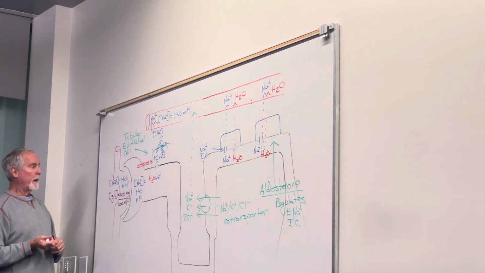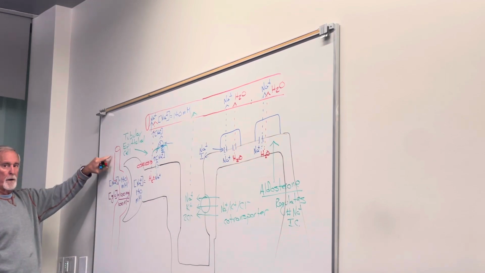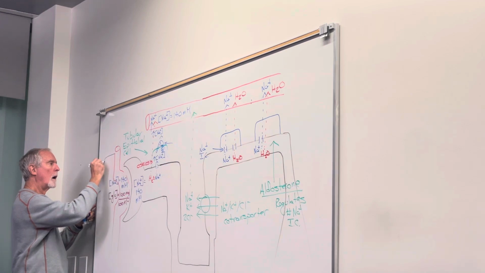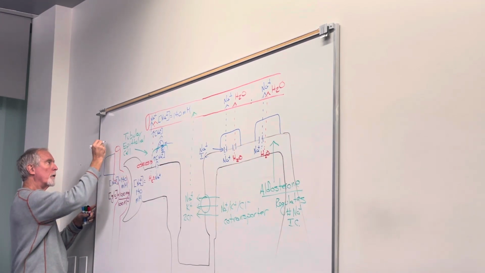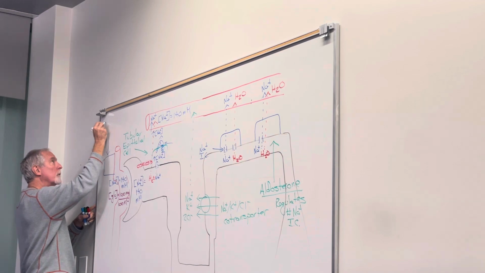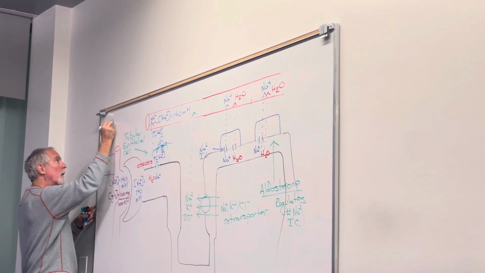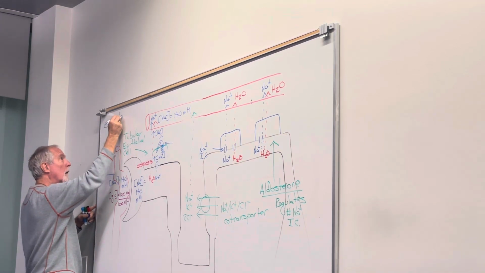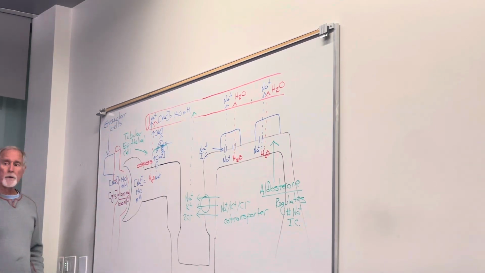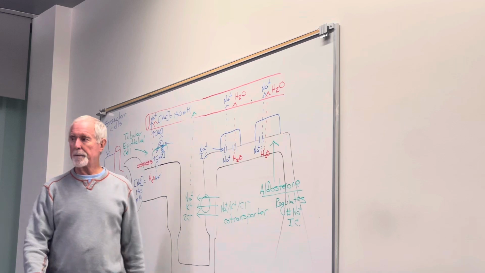Now, associated with the afferent arteriole, which is up here in our diagram, there's a special type of cell that's referred to as granular cells. And these granular cells are renal baroreceptors.